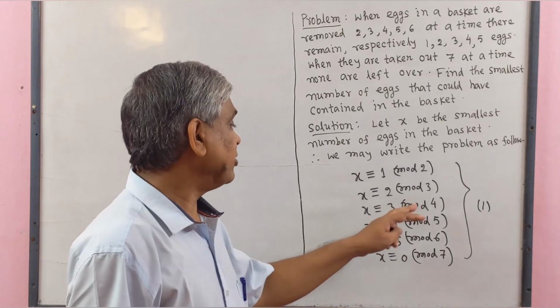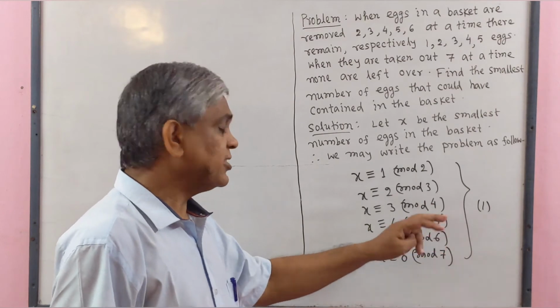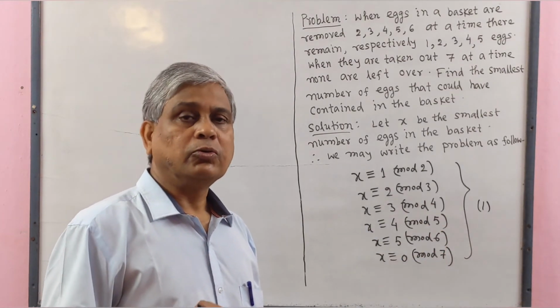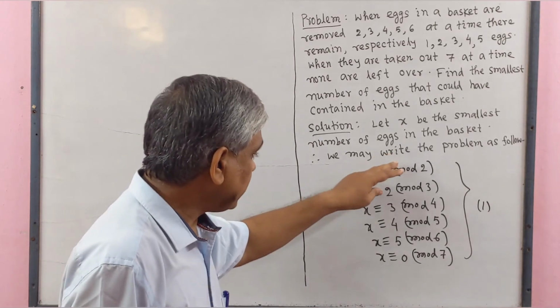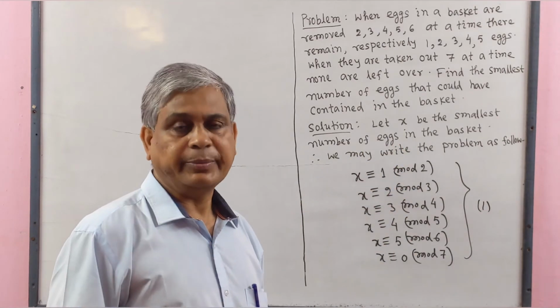But here we are not getting this case. Here GCD of 4 and 6 be 2. So we cannot solve this problem if all congruences are taken at the same time.